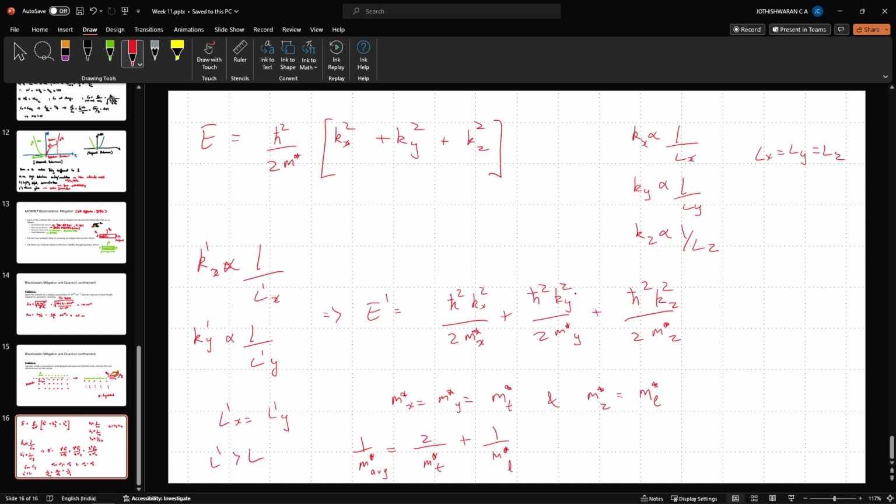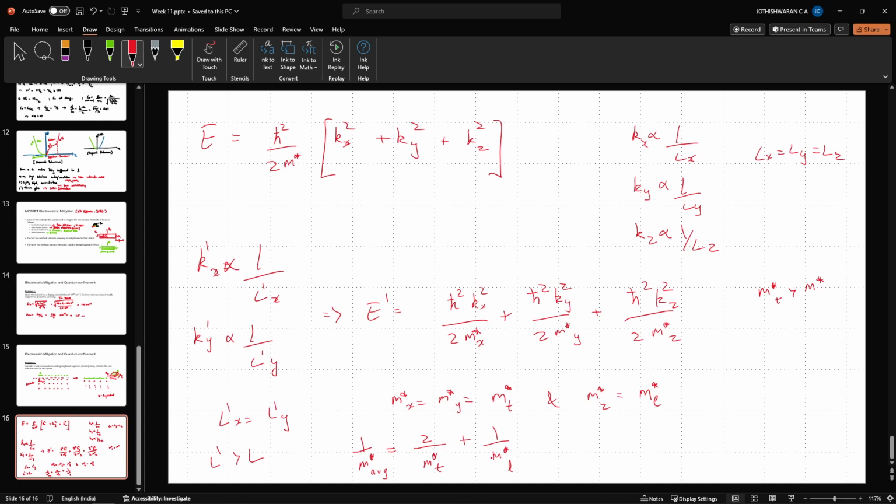Now, if I'm rescaling this, I can definitely say m star transverse is greater than the original m star. Since this is greater, you can do the calculation and see that the total effective mass will be lesser than both of these values, because it's a harmonic mean.